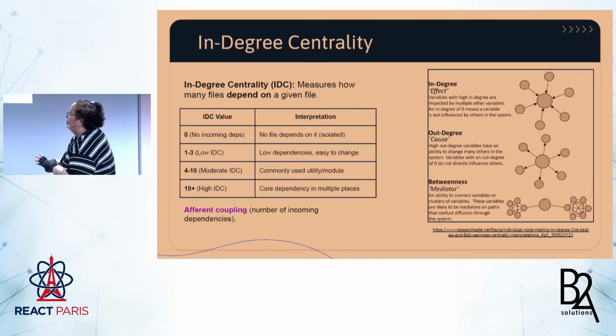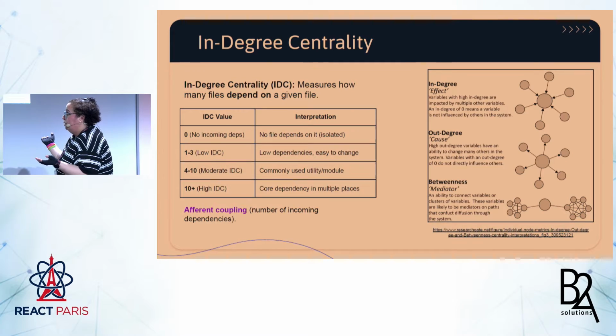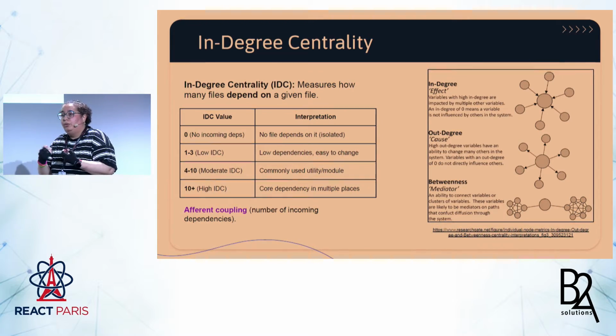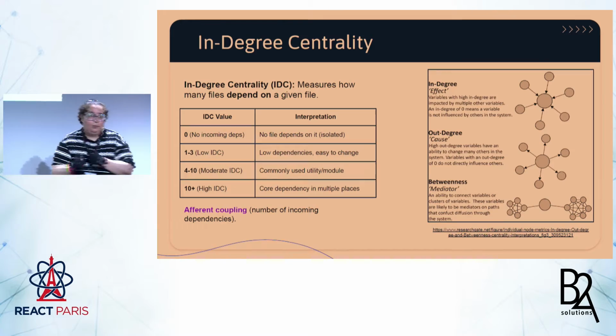So if we have a value of 0, this means that this file is isolated. If we have between 1 and 3, we have a low dependency, and this is a representation of what we call the afferent coupling, the incoming coupling.